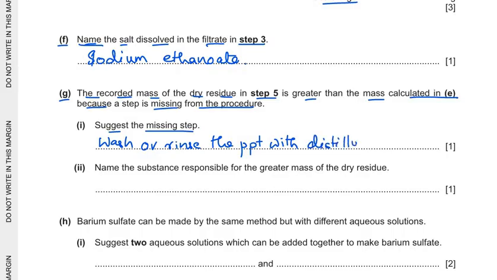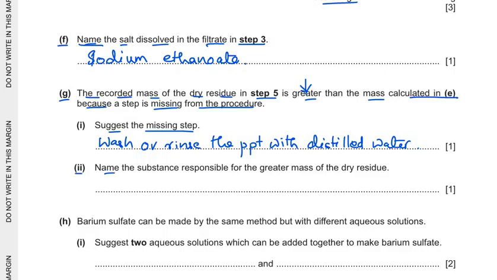The reason is that the residue or the impurity should get washed off, then only we get the pure precipitates of silver bromide. But here if we didn't wash, we might have some other residues also stuck to the precipitates, and that's going to increase the mass, and that's why this recorded mass in step 5 is greater.